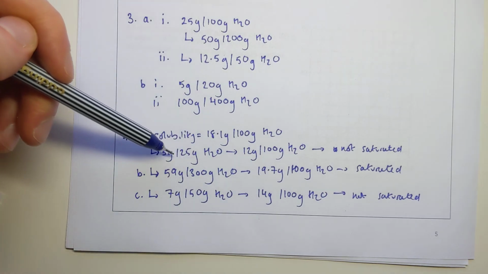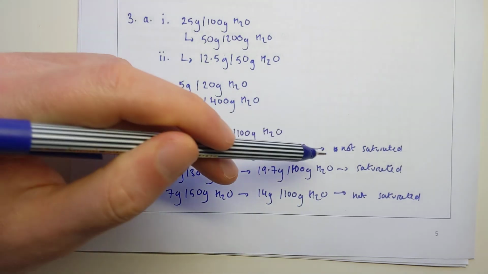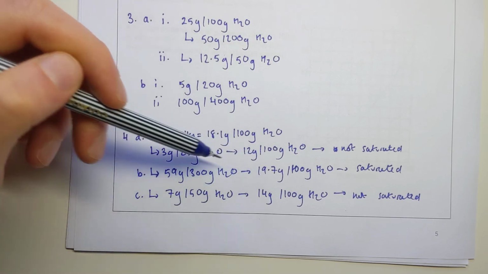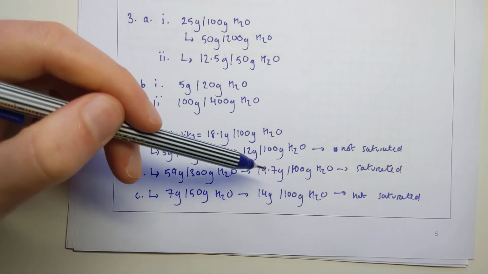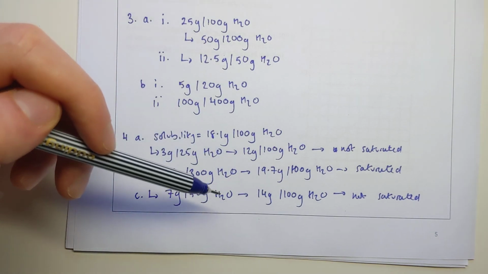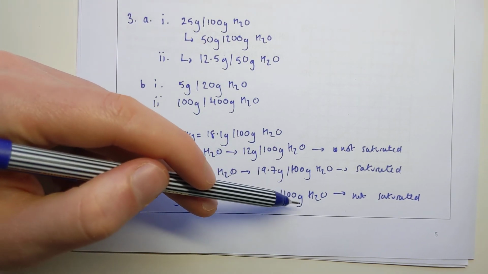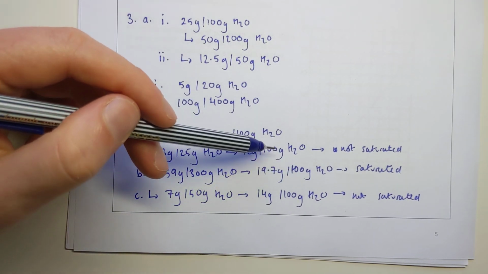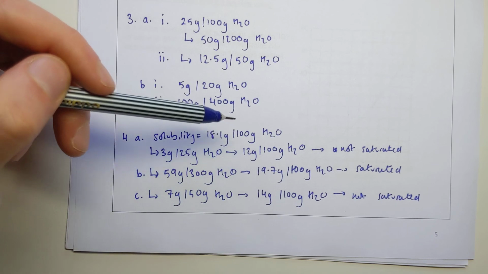I'm timesing both sides by 4 there. Part B, 59 grams per 300 grams, divide by 3 to get out of 100 grams. That gets 19.7. Then part C, 7 grams per 50 grams times by 2 gets me 14 grams per 100 grams. So I've converted all three values into values out of 100 grams of water to make them comparable to the solubility figure.